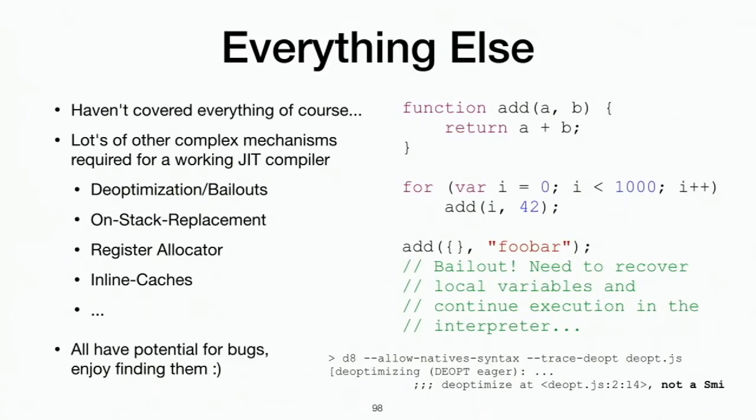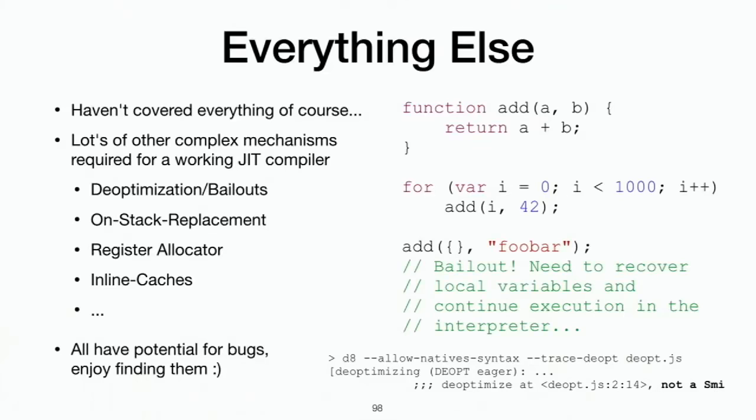There's some other mechanisms like on-stack replacement, where basically the engine can also switch to the JIT code while running the function. So let's say you have a function that has a while loop that's running very long. At some point, the JIT compiler could compile the whole function and then just switch to the JIT code from one loop iteration to the next. So that's also quite a complex mechanism.